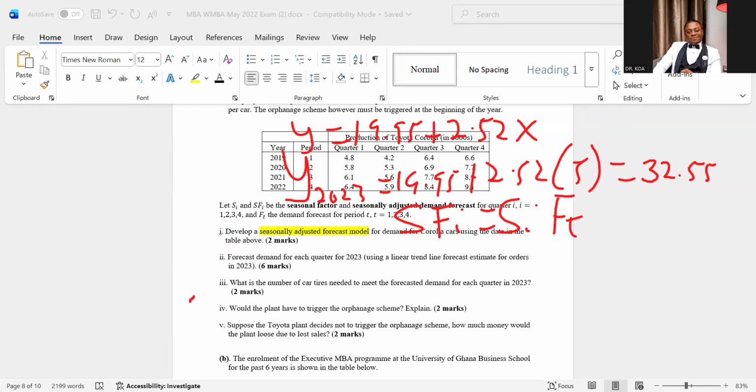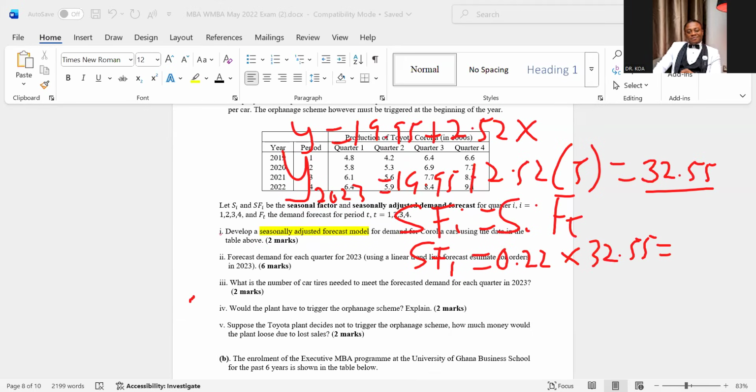Now that you know it, write SF1 for period 1 is equal to your 0.22 multiplied by the yearly one you just got, because that is the forecast for the current period, which is 2023. That is 32.55.